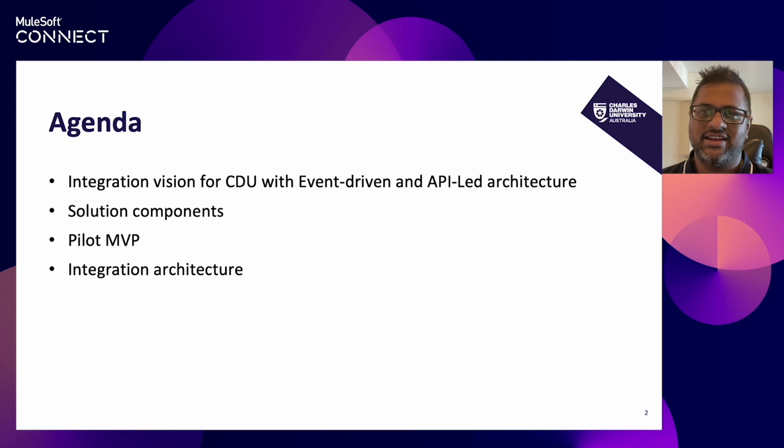And finally, we'll be moving on to the fun bits. I'll be talking about the integration architecture and the technical details of the solution which we had built. So let's get started. I would like to now talk about the vision which we have at CDU, which has inspired us to come up with this framework.